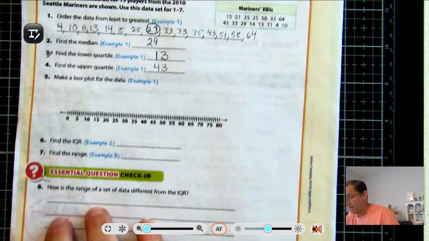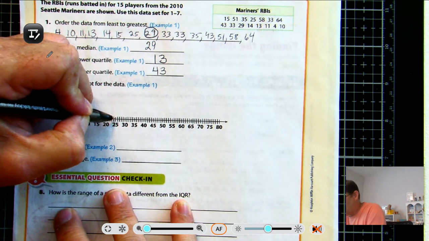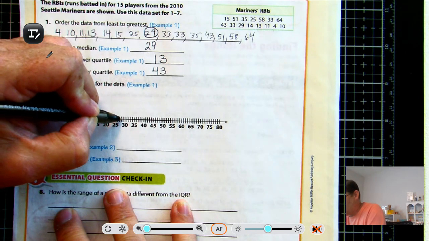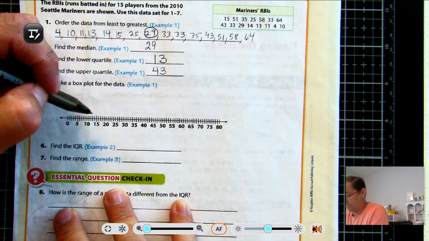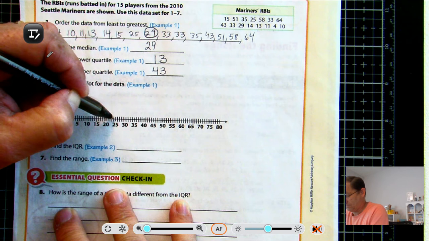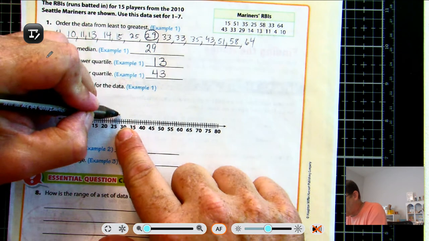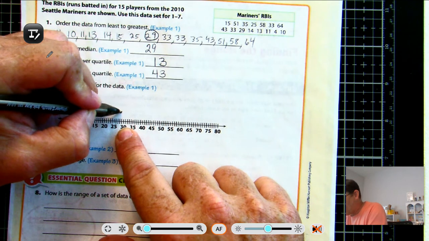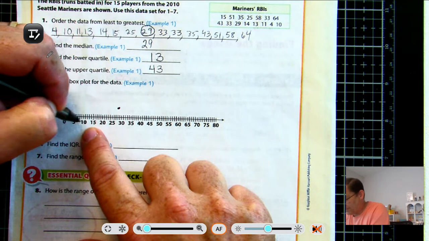And now make a box plot for the data. So the median is 29. The lower quartile is 13.